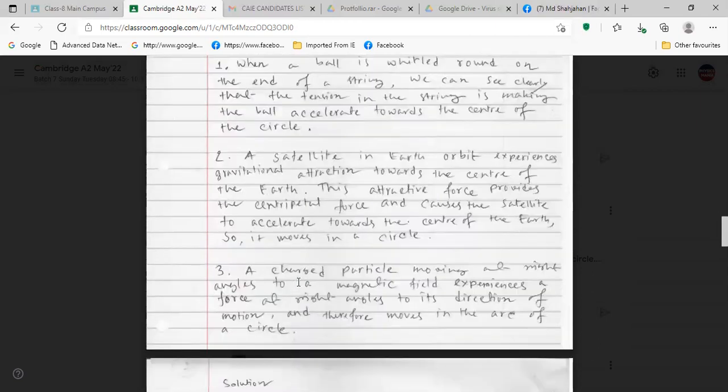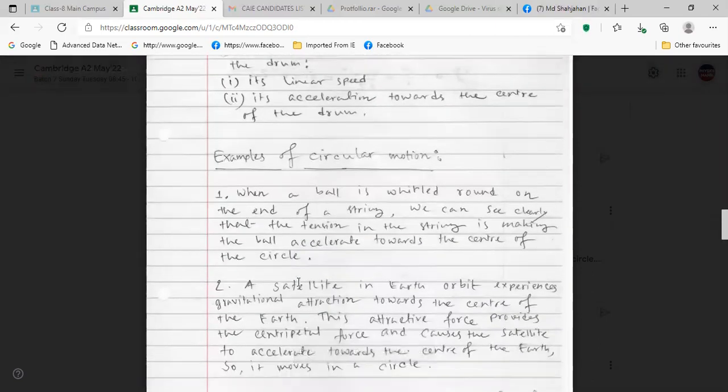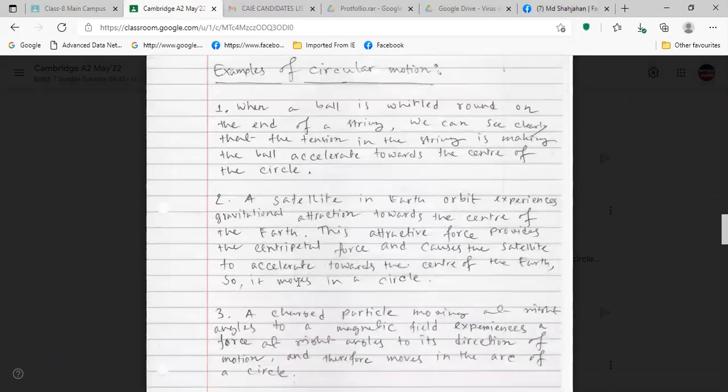And at last we have some examples of circular motion. Can you read this? One: when a ball is whirled round on the end of a string, we can see clearly that the tension in the string is making the ball accelerate towards the center of the circle. Two: a satellite in Earth orbit experiences gravitational attraction towards the center of the Earth.